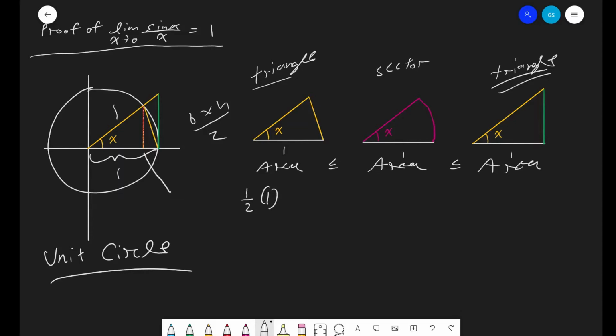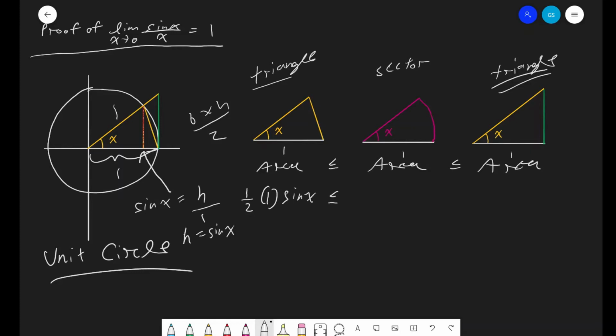This line here signifies the height of the triangle, and we can determine it through basic grade 10 trigonometry. Opposite of x is the height, and I know the hypotenuse is 1. So sine of x is opposite over hypotenuse, which is the unknown h over 1. So the height equals sine x.